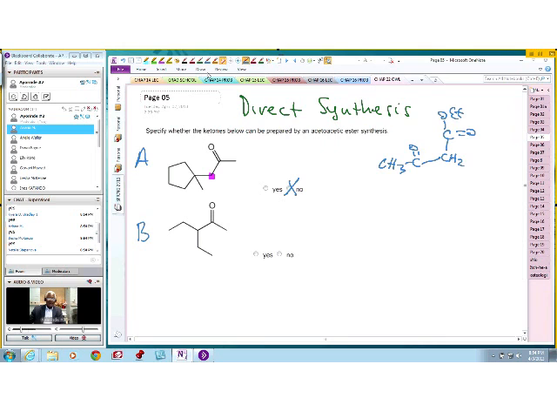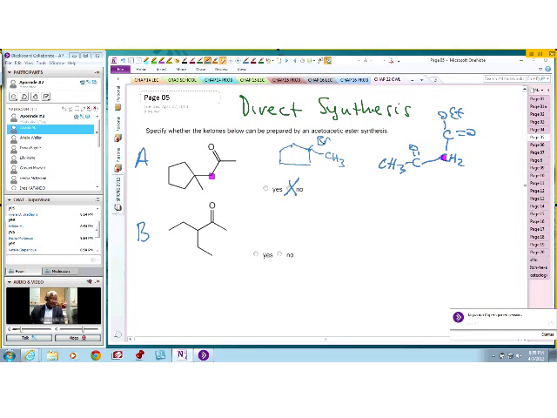That is the acetoacetic ester. This carbon here is this carbon. Now, in order for us to make this compound, the alkyl group that we need will have to be a tertiary alkyl group.